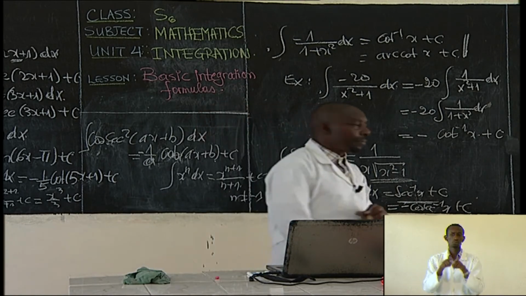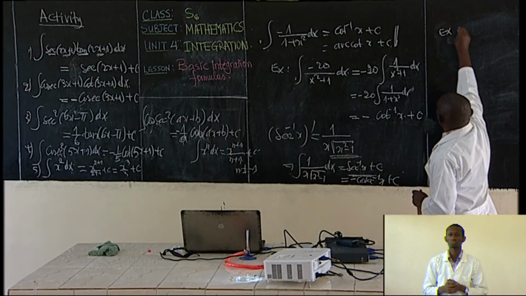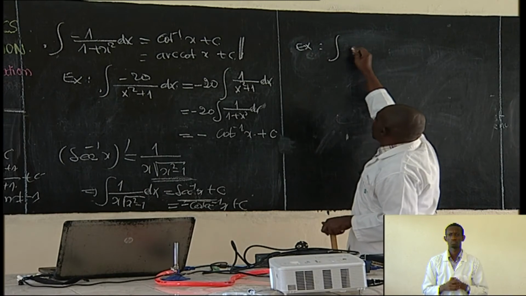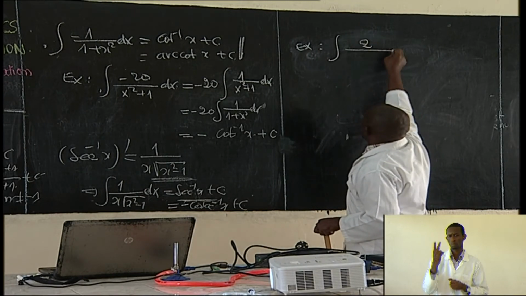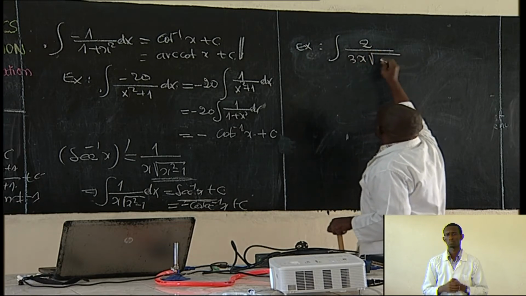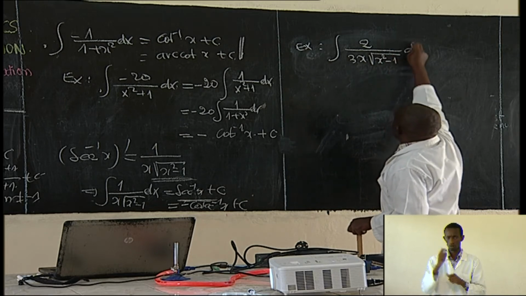Let me give you an example for that. Integral of 2 divided by 3x times square root of x squared minus 1 dx.